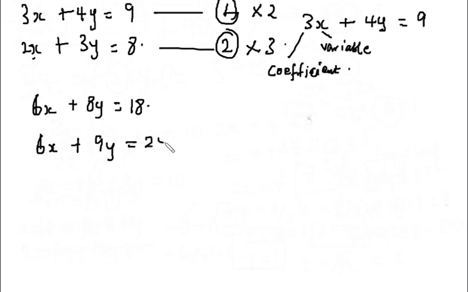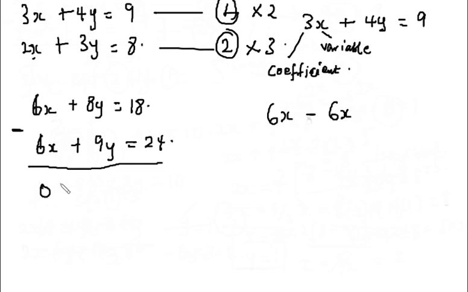Next, we want to eliminate the coefficient of x. How do you eliminate 6x and 6x? You basically subtract them from each other. So I'll be subtracting the two equations to eliminate x. 6x minus 6x is 0.